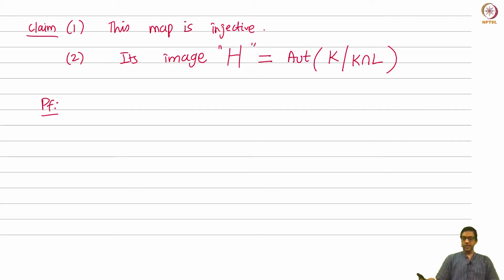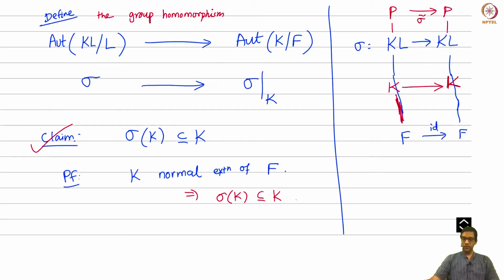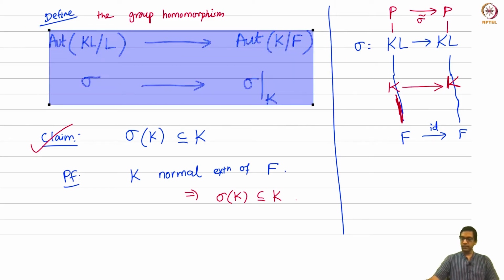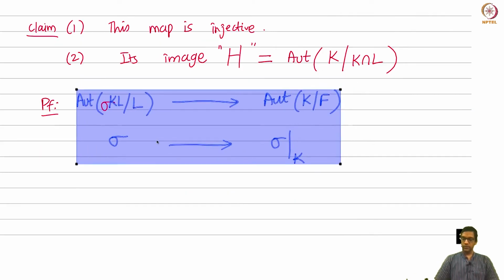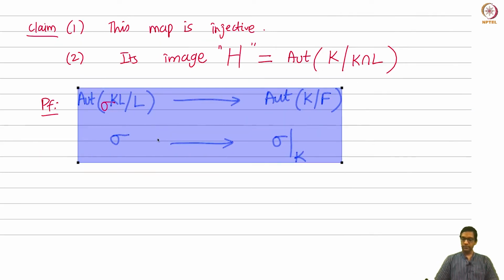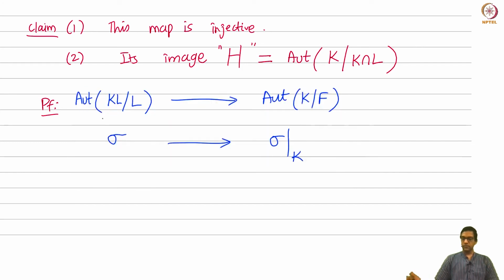Let's prove it's injective first. What was the map? It takes any element sigma of Aut KL, and here is our map. Now why is this injective? To show injectivity, if sigma restricted to K is the identity on K, then we need to show sigma itself is the identity. On K it's already the identity.